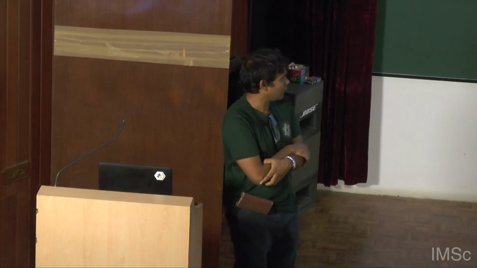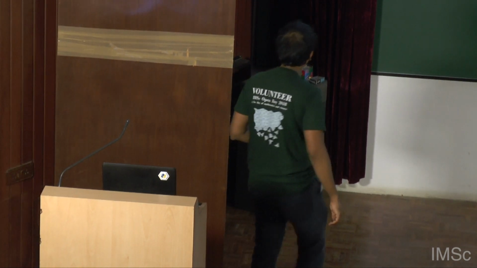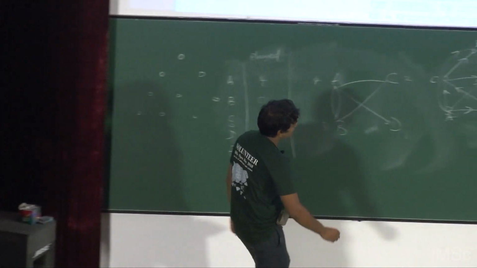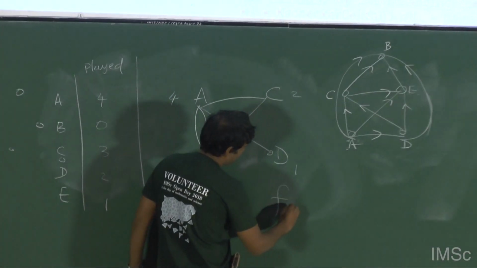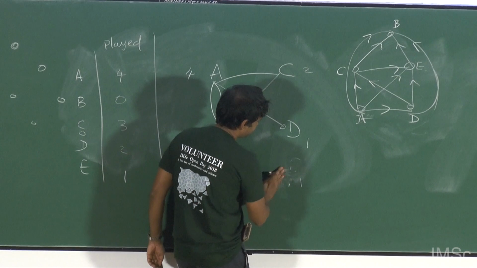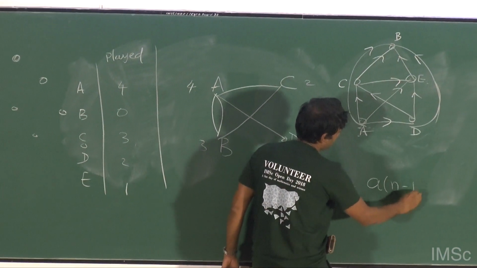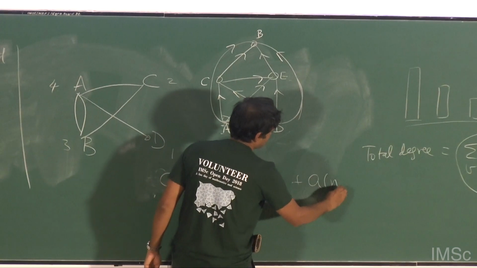So I'll tell you where a lot of things about this come from. This number comes from a quadratic equation, right? We're saying that the nth Fibonacci number is the (n minus 1)th plus the (n minus 2)th.